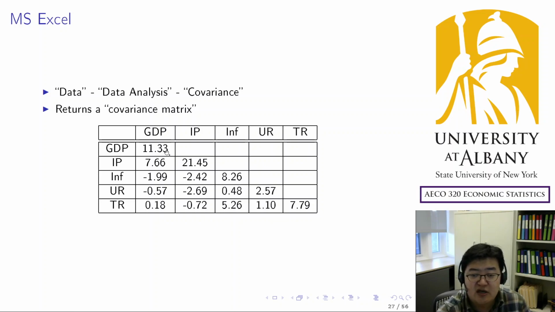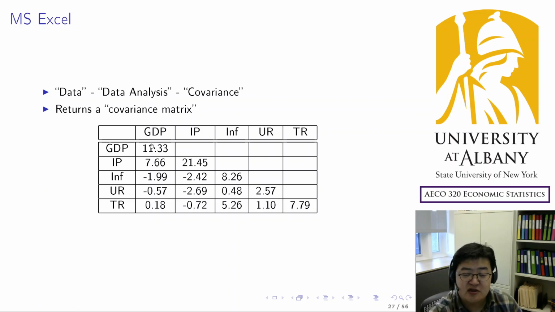By the way, why is this side empty? The upper triangle is empty because in this cell there should be the covariance between GDP and treasury rate, but the same thing can be found here. So you don't need to repeat 0.18 here, and minus 0.72 must be here. You don't need to repeat the same number twice, so they are empty.